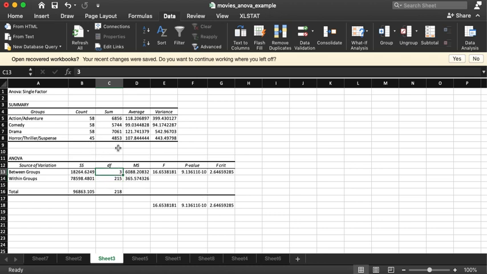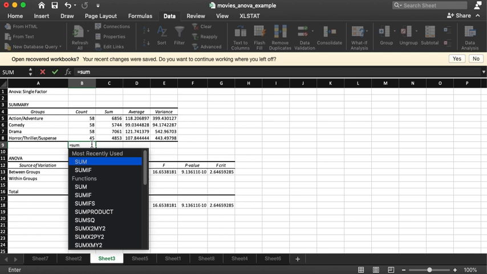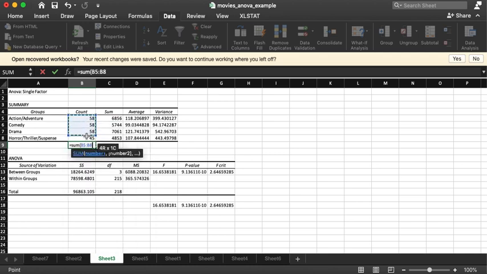So the degrees of freedom here is the number of groups minus 1. So we have 1, 2, 3, 4 groups. That means this value is 4 minus 1. And this number is the sum of these minus the number of groups equals sum. So how many movies are there total?